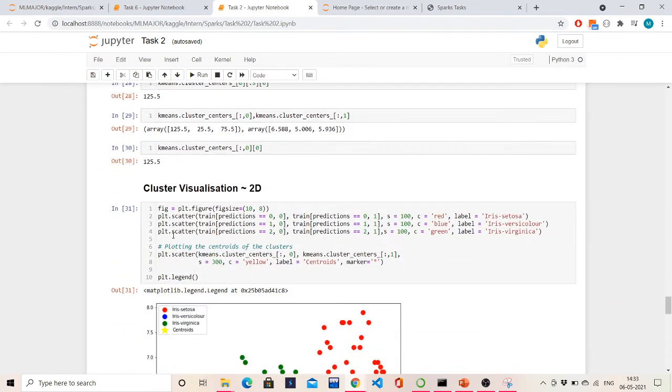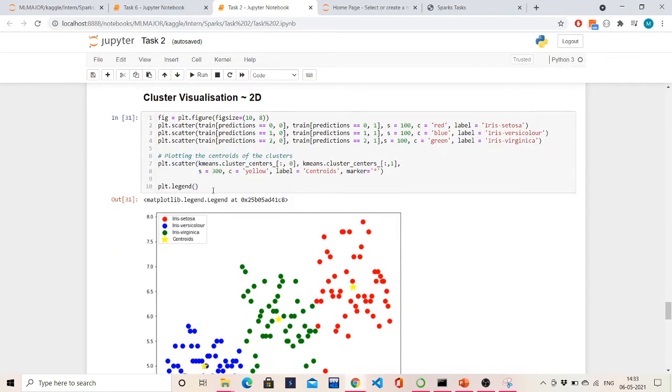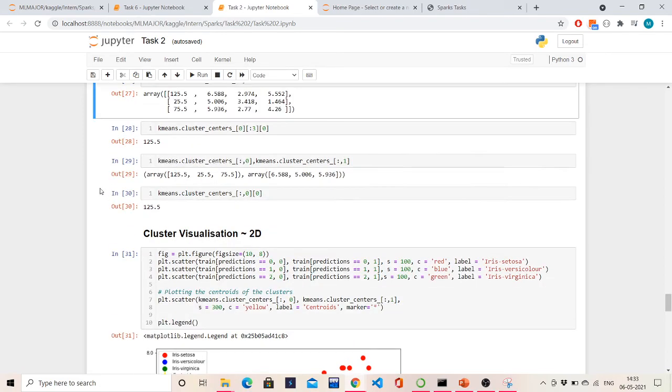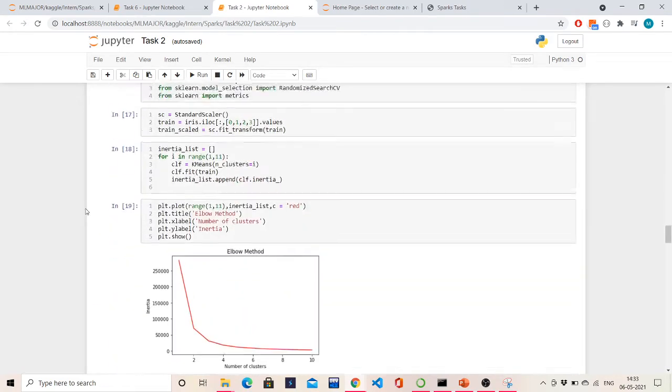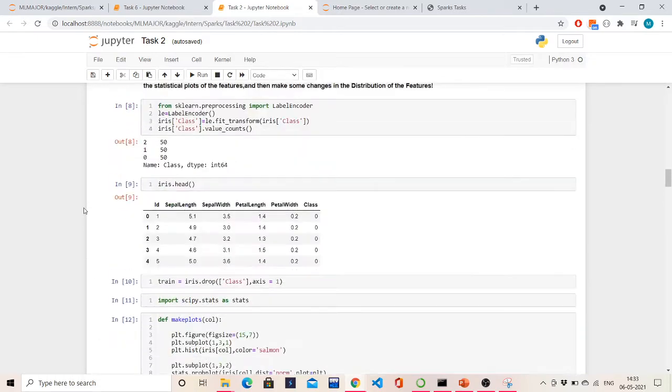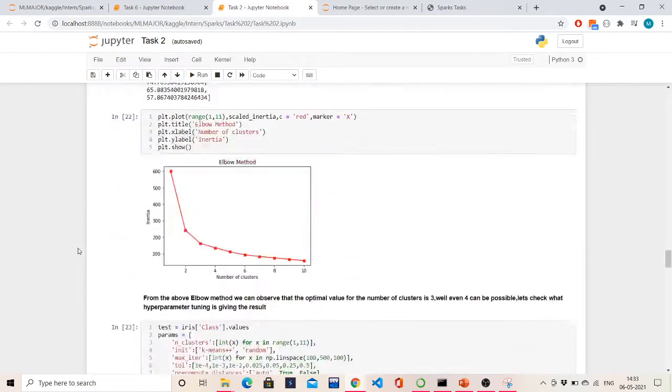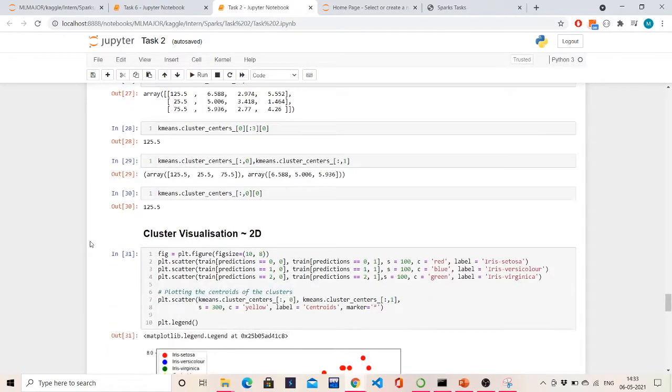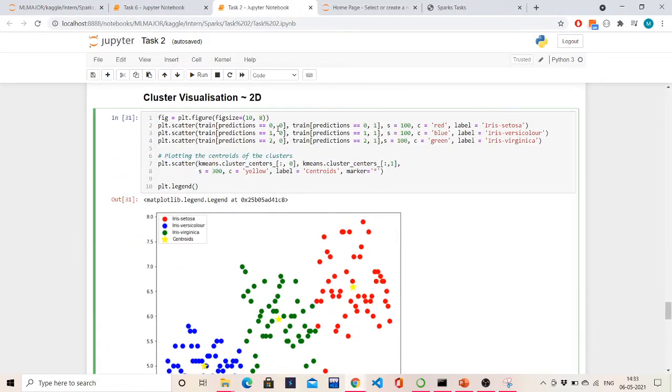Then comes this 2D visualization. Here I have said plt.scatter train of predictions double equals to 0 comma 0. What this means is, when the prediction value is 0 and the actual class is 0, then you return true, a boolean value. When this is true, then you get a point, right?